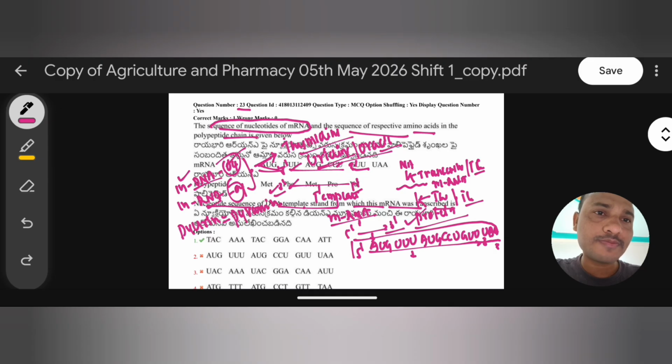Purines are adenine and guanine. Pyrimidines are cytosine, thymine in DNA, and uracil in RNA.